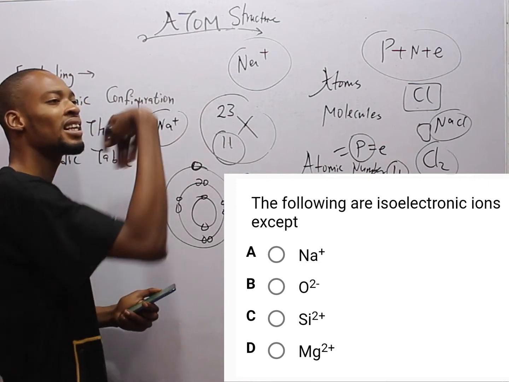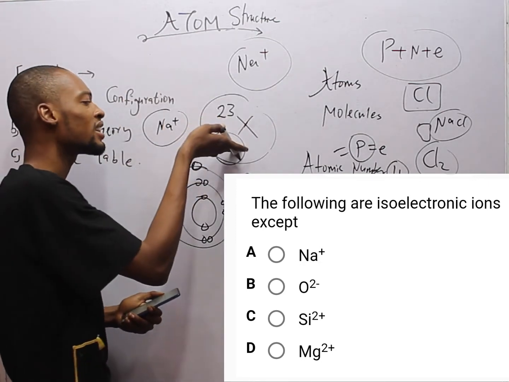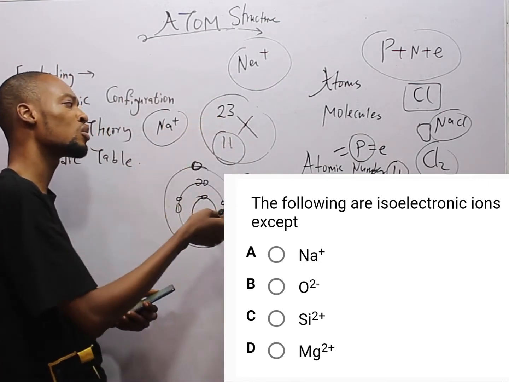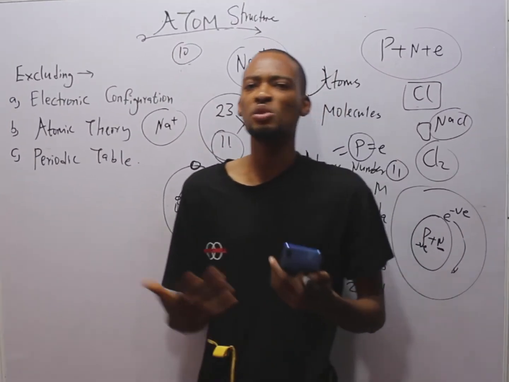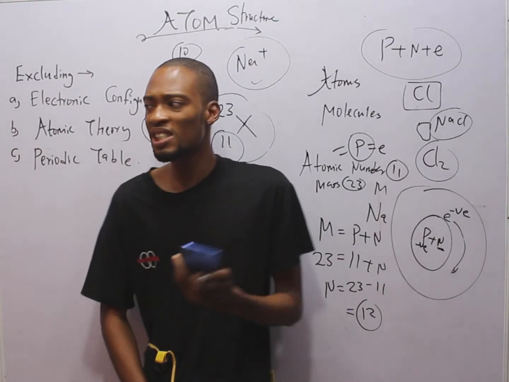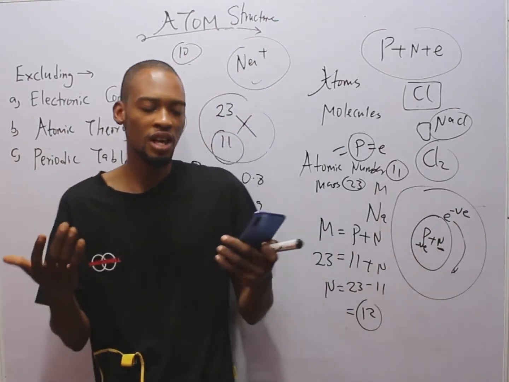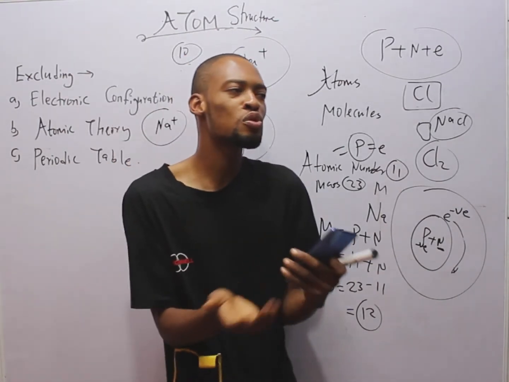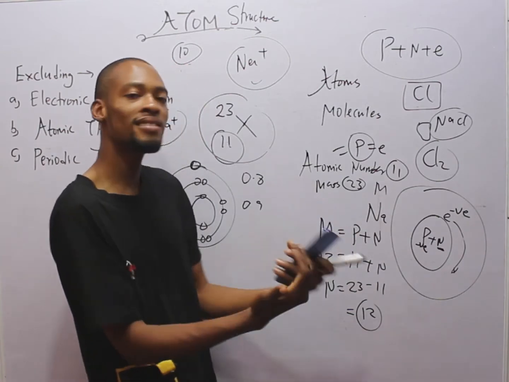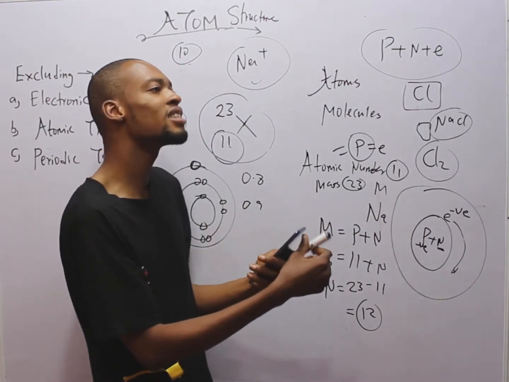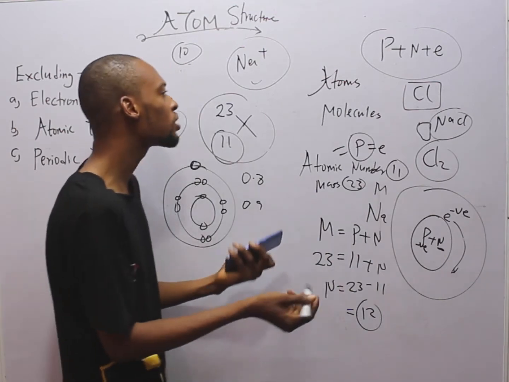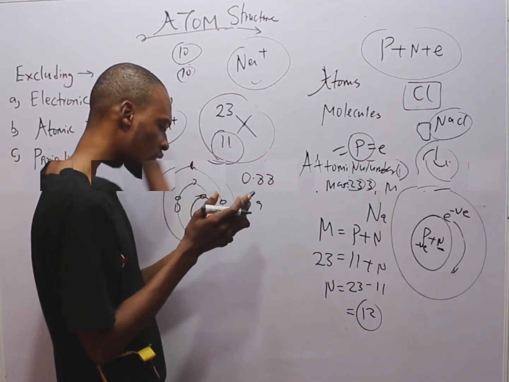This means it has given out 1 electron. So if you have 11 electrons, you give out 1, you have 10 electrons. Now oxygen 2-. Normally oxygen has 8 electrons in its neutral form. Now that it is 2-, it has gained 2. Minus means you've gained, plus means you've given out. So oxygen gains 2 electrons. 8 plus 2, 10. So oxygen is 10.